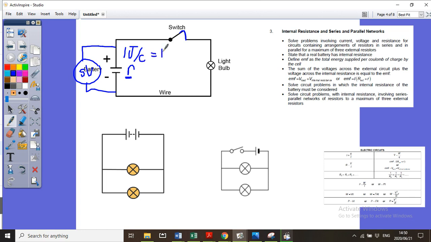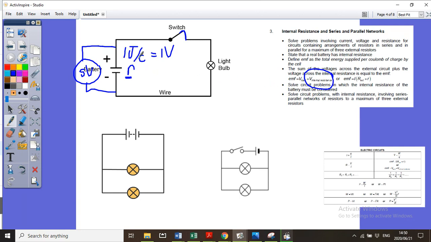So remember, 1 volt is being used inside the battery. Some people call it lost volts, some people call it V internal. It doesn't matter what you call it. It's the energy that is used inside the battery. We'll go to the equation now, and you'll see that we call it the voltage due to the internal resistance. You're welcome to just call it V internal.